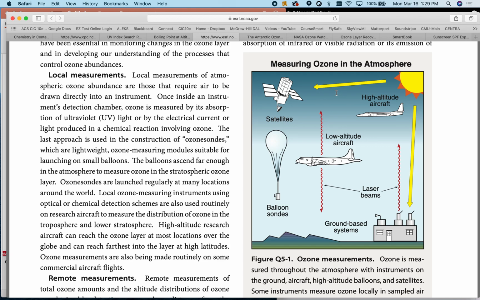It's called limbing, where you can look at the ozone layer from beside it. When you're flying up, you can see the ozone layer above the Earth's surface and measure how thick it is, so that would be high altitude aircraft. So there's a variety of ways you can measure that. I think the number one is still sending up balloons into the upper atmosphere.